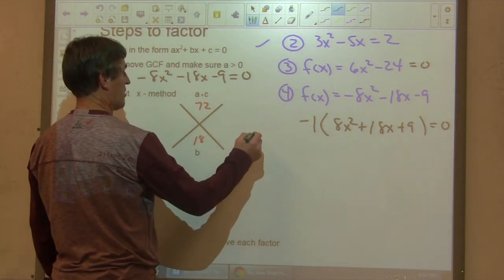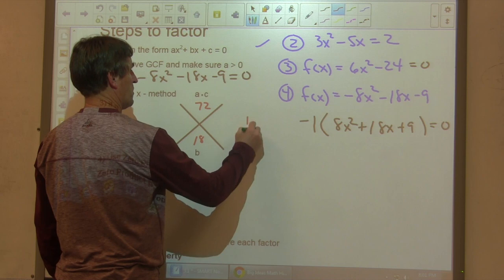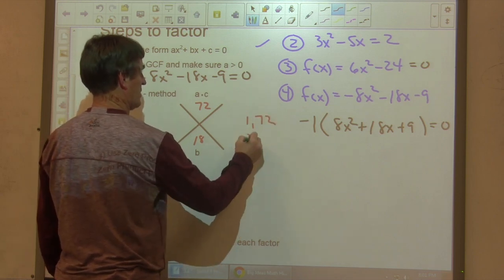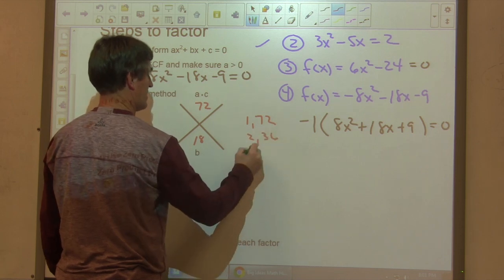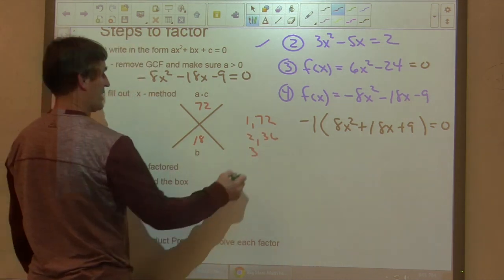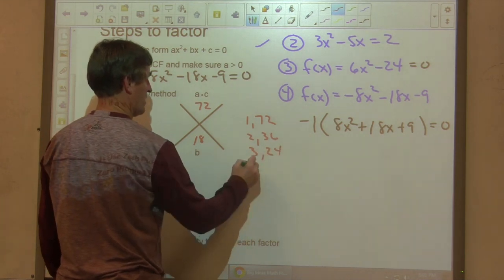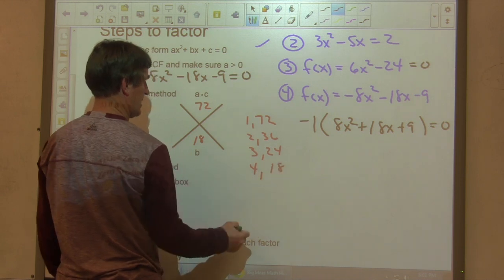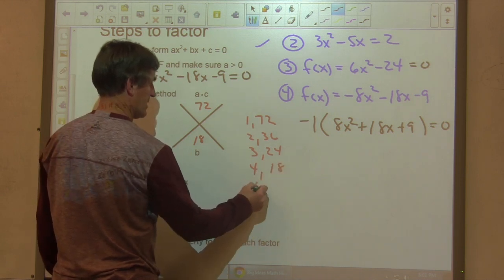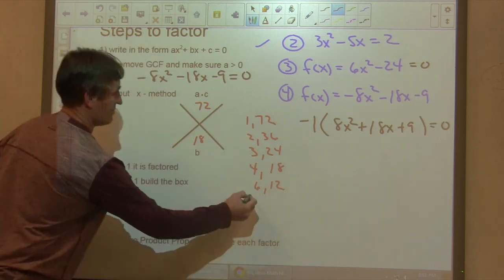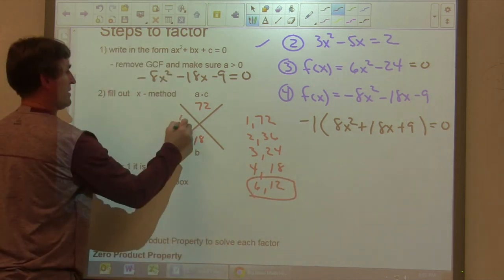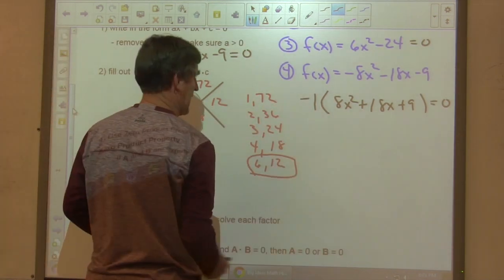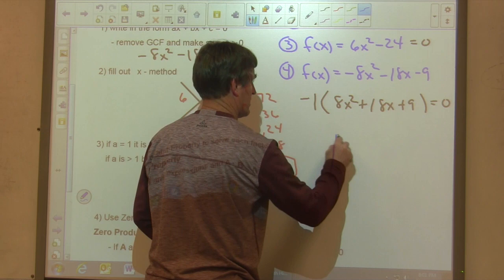So let's go: 1 and 72, 2 and 36, 3 and 24, 4 and 18, 6 and 12. There they are. They add up to 18. Now again, we don't need to worry about this negative 1 when we build our box.